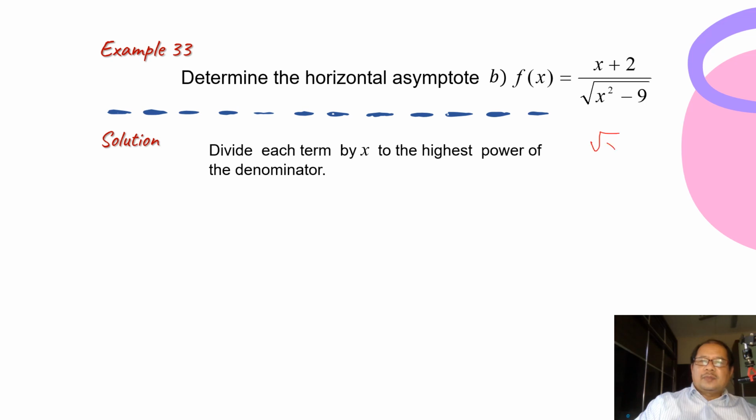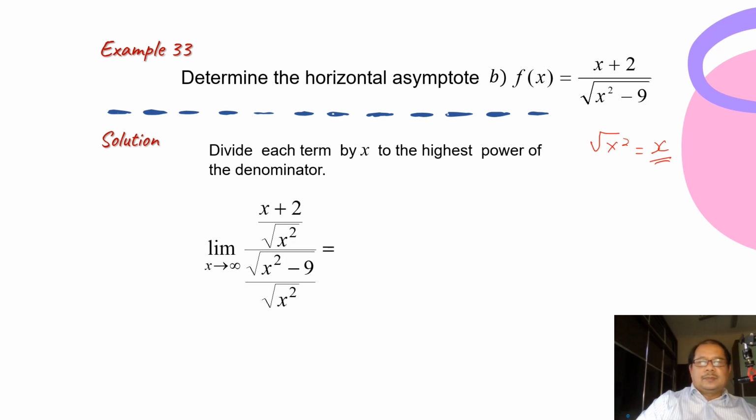Square root x square actually equal to x lah. Okay, kita divide dengan square root x square. Square root x square actually is x. So x over x you get 1, 2 over x. And then this is the square root x square minus 9 divide by square root x square.